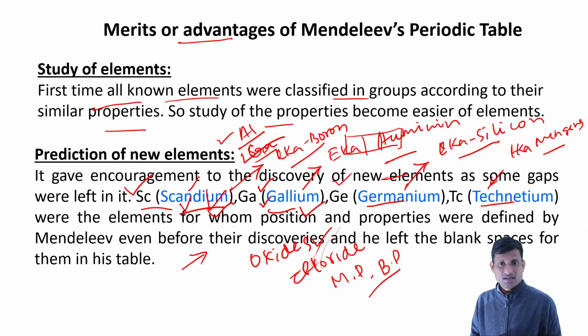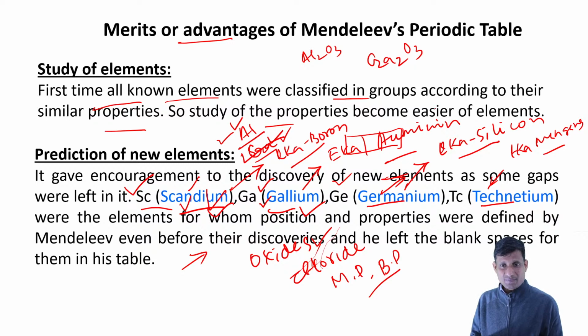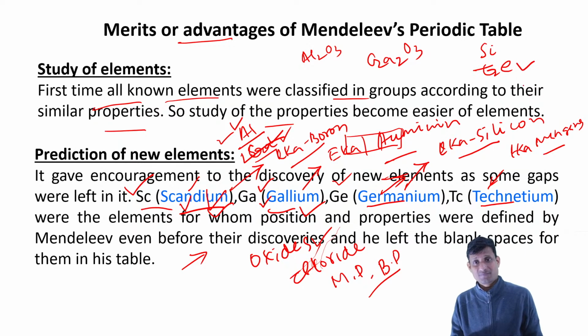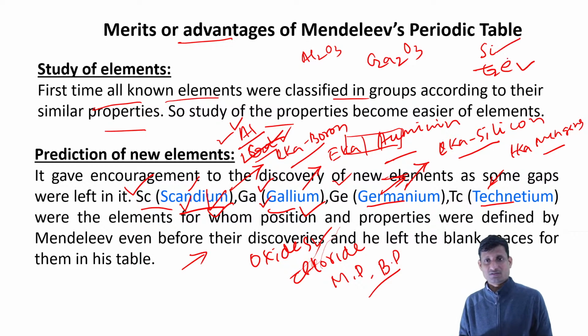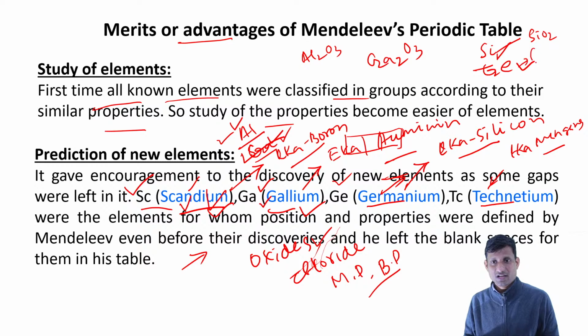The properties of gallium will be pretty much similar to aluminium. Aluminium forms an oxide like Al2O3, and gallium will also form an oxide like Ga2O3. Similarly, germanium is just next to silicon. After silicon there will be germanium, so the properties of germanium will be similar to silicon. If the oxide of silicon is SiO2, which is frequent, then the oxide of germanium will be GeO2.